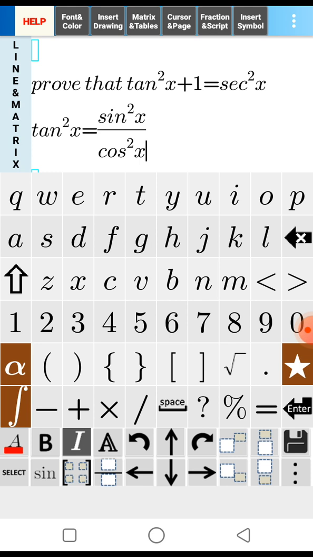After knowing this formula of tangent square x, we're going to take tangent square x plus 1.